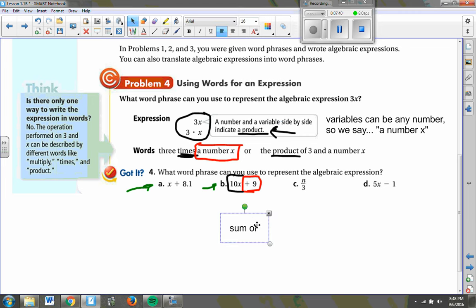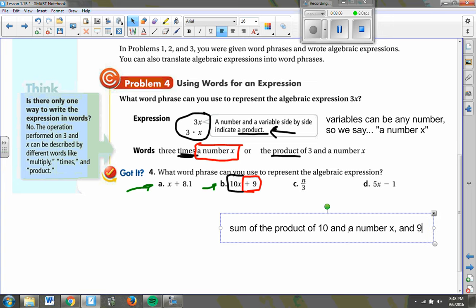So the first part of my sum, this 10x, is actually the product of 10 and a number x. That's the first part of my sum, and the second part of my sum is the number 9.